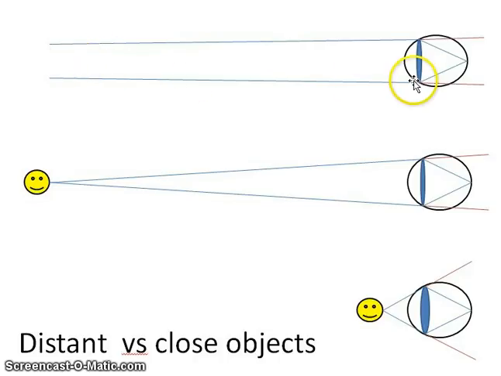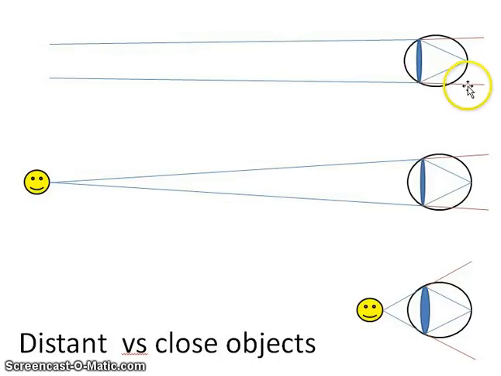So this is what light rays coming from a point source of a distant object would look like. They're practically parallel when they hit your eye, which means they don't need to be bent a lot in order to get them to hit the same point on your retina. So you need to remember that they originally came from the same point on the object. They just look like this when they hit your eye.